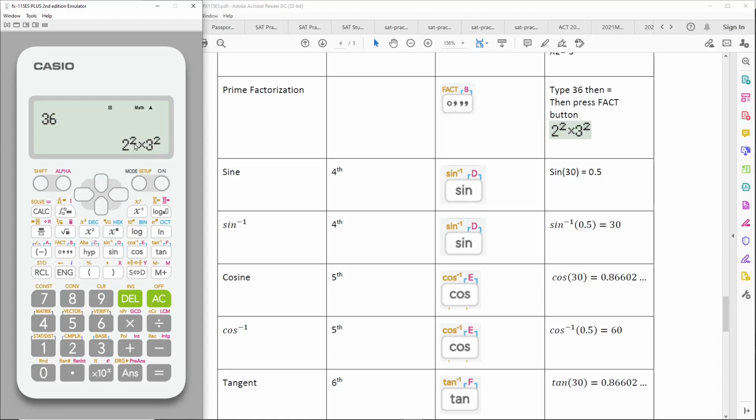So sometimes that might come in handy. So you also have your normal trig functions, sine, cosine, tangent. And if you want the inverses, you do shift sine, or shift cosine, or shift tan to get the inverse trig function.